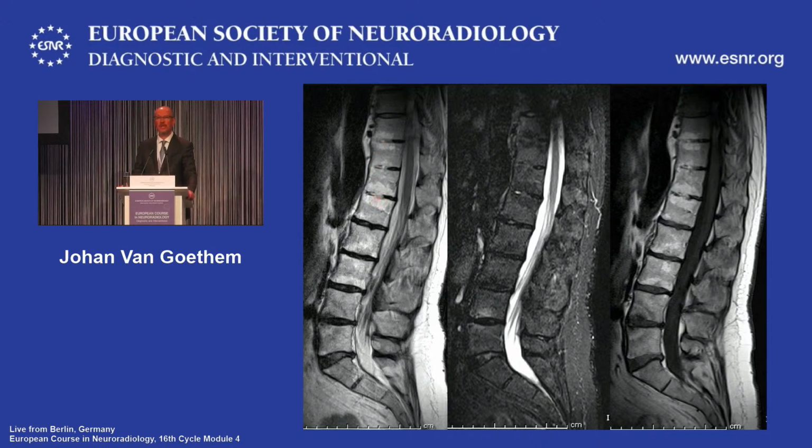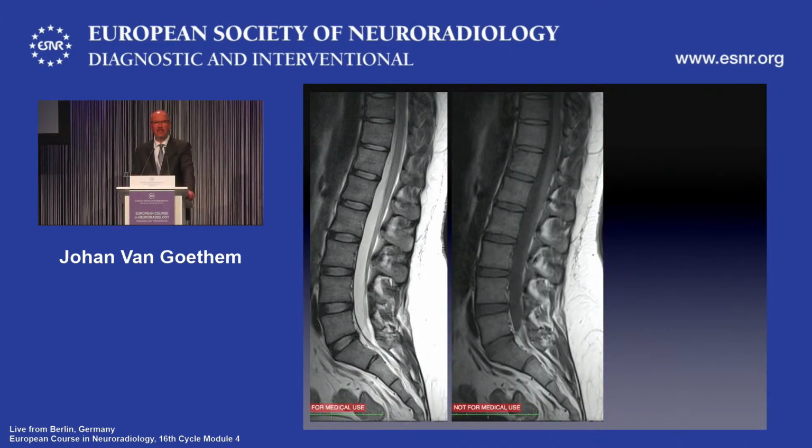If you see bright signal in the disc, think about ankylosis of that segment. There's ankylosis of the lower thoracic spine with almost no osteophytic spurs. This is the typical example of an ankylosing spondylitis, and I think most of you would not miss that.